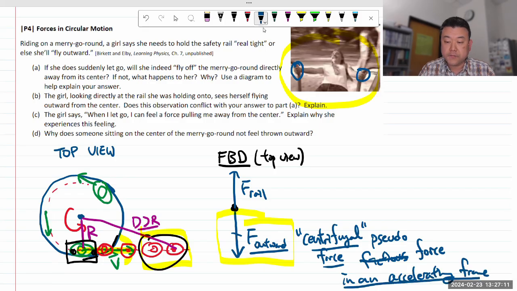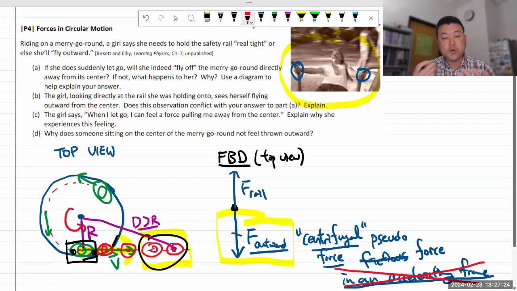And I will give a slightly longer explanation in a bit. But the rule we go by in this class is we don't analyze physical situations in an accelerating frame. For those of you who go on to become physics majors, or mechanical engineers analyzing some complex situation, you might use an accelerating frame, like a rotating frame.